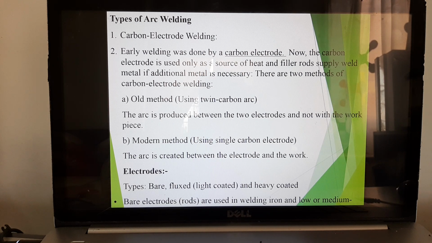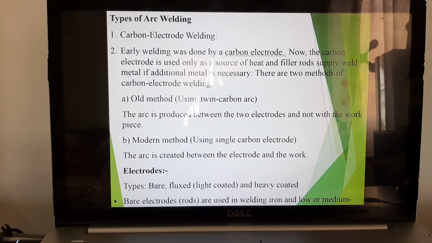The whole idea of this chapter is not to describe how arc welding or gas welding is done. You've done it during your manufacturing lab. The whole idea is to introduce you to the different types of protective mechanisms that are used during a welding process. Protective mechanisms for welding come in two categories.